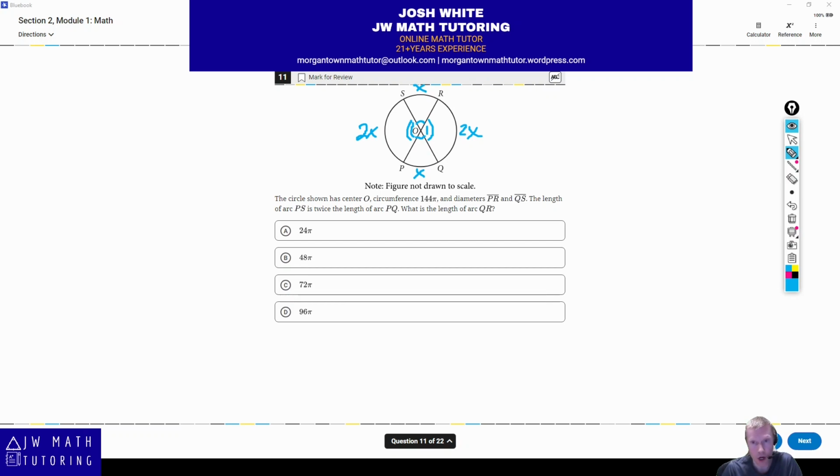So all we have to do now is basically set up an equation where we add up all these values and then set that equal to 144 pi, because that's the total distance around the circle. That's your circumference. So you basically got 2x plus x plus 2x plus x equals 144 pi.